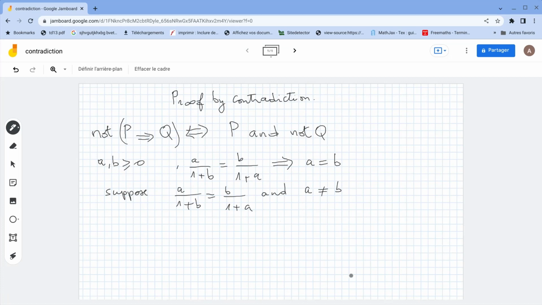But if I get a true statement, I can't say anything, because the false can imply true, but the true doesn't imply false, because when I begin with a true statement, I finish with a true statement.